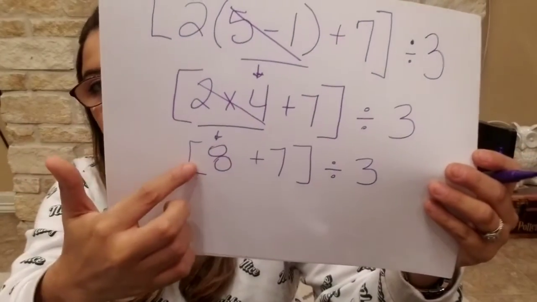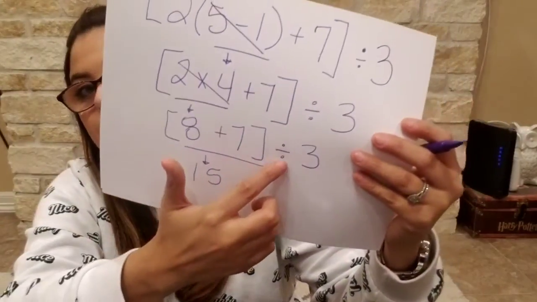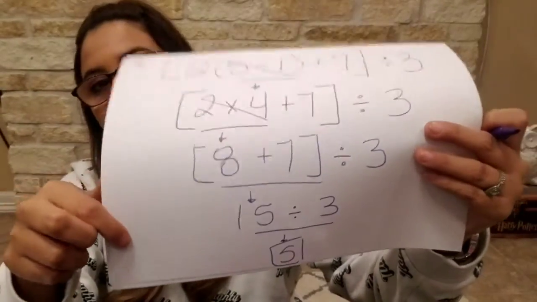Okay. Still have my brackets. 8 plus 7 should give me 15. And then I need to divide that by 3. So 15 divided by 3 should give us an answer of 5. Just like that. Okay. So that is order of operations.